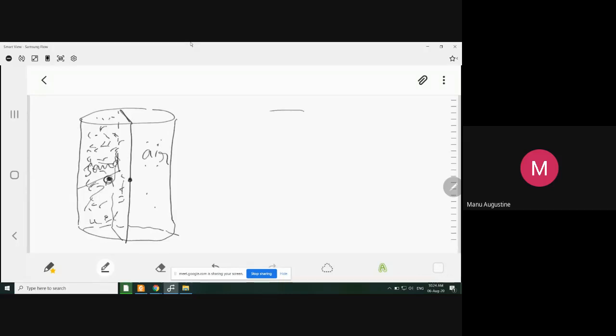And if you draw the center of gravity on an empty cylinder, in this case the center of gravity will be found here. But where would the centroid be? The centroid will still remain at the geometric center. So this is how center of gravity shifts with the shifting of weight in one direction or the other.